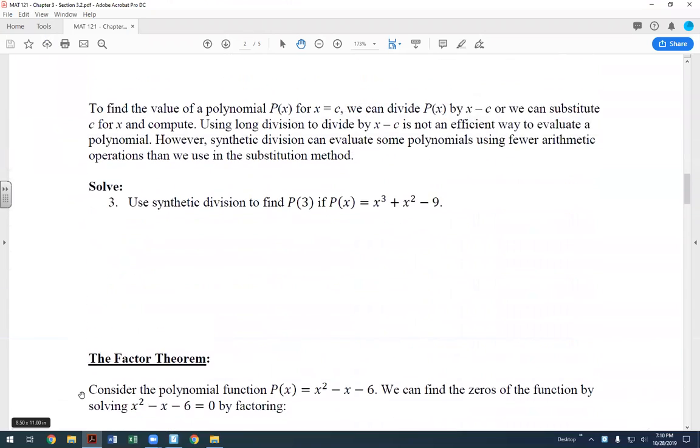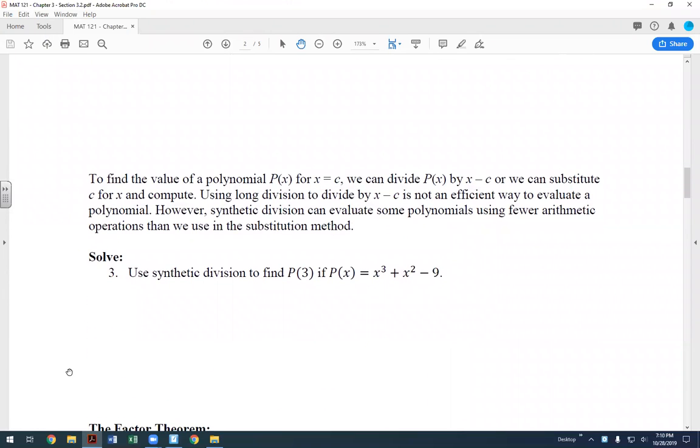All right, let's see what this little note here is saying. So we're saying to find the value of a polynomial p of x for x equals c. Remember, you divide by x minus c, or you substitute for x as the value of c, which again, I will emphasize is only for checking our answers, not as the primary source.